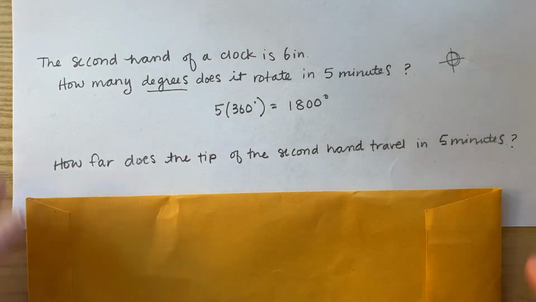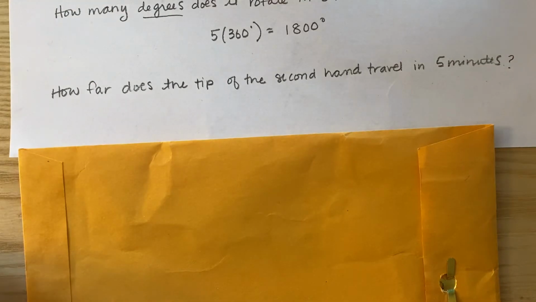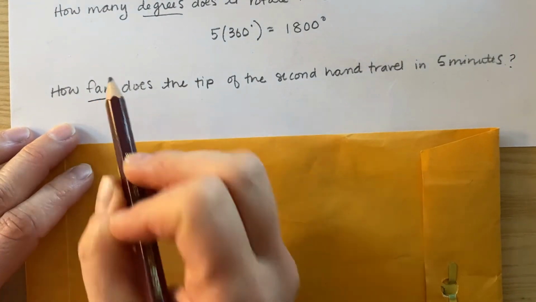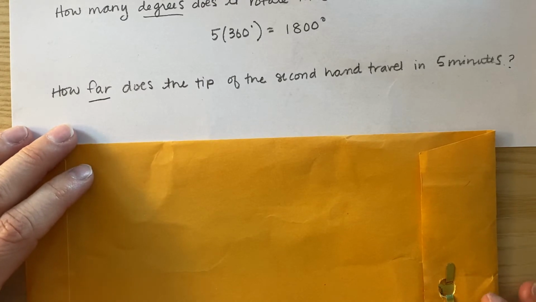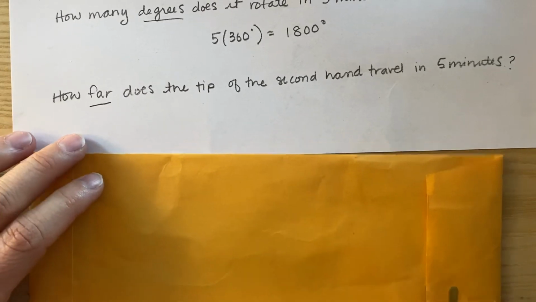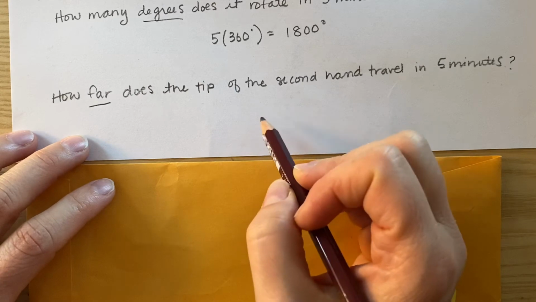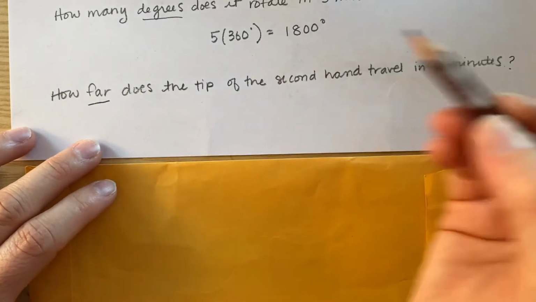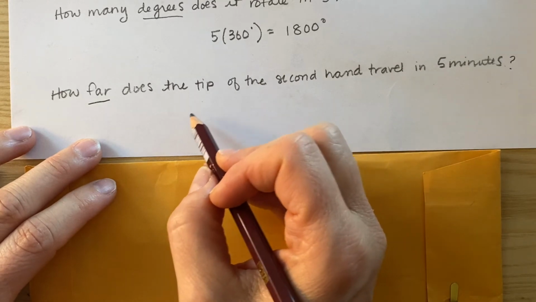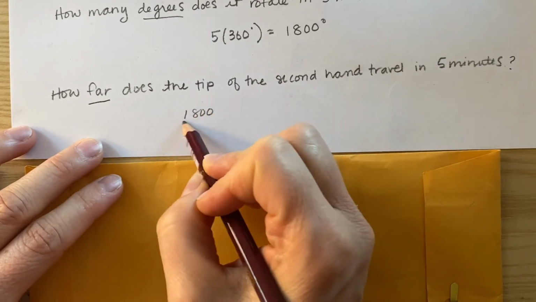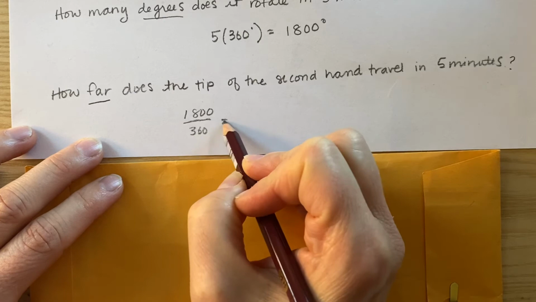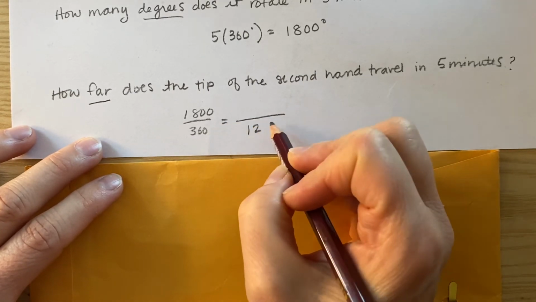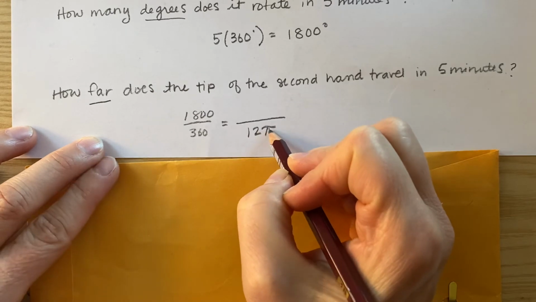If we want to know how far the tip of the second hand travels in 5 minutes, how far, we're talking about length. So how far does it travel? It's going to take those 5 rotations, and that's going to end up being 5 circumferences. You could think about it as 1800 over 360 equals x over 2 pi r, 12 pi.